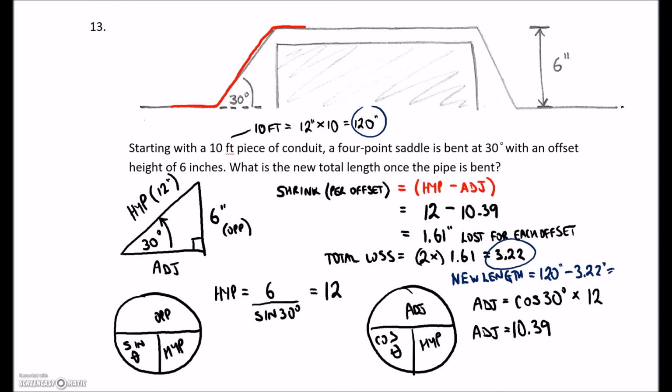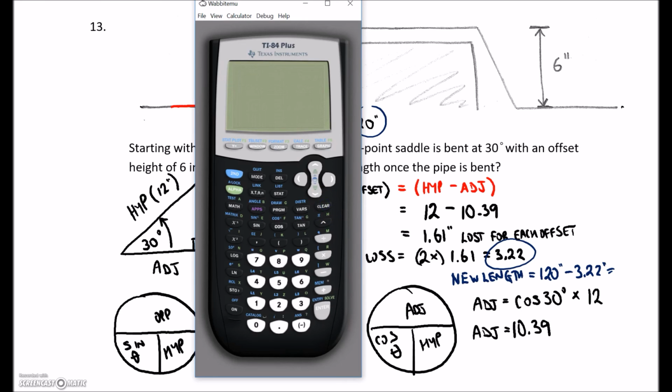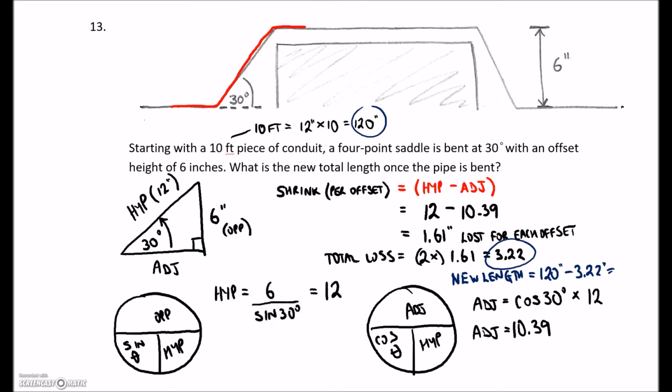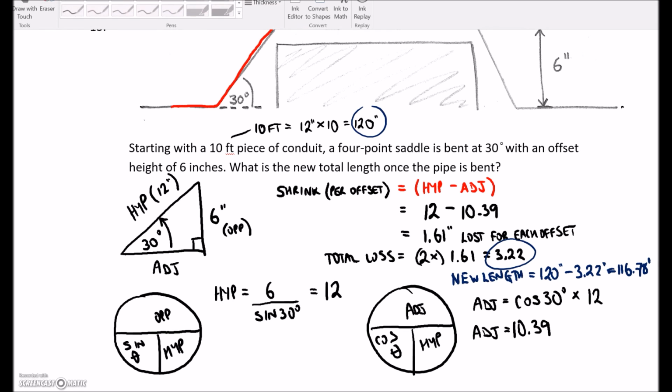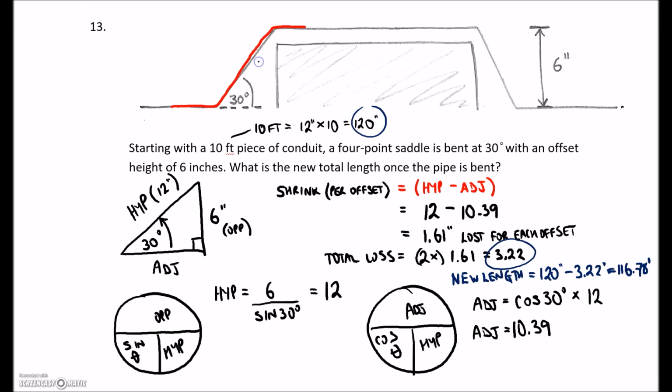And our new length is going to be 120 minus 3.22 to be precise. That gives us 116.78. So our new length of pipe is 116.78 inches. And again, if you've got all kinds of calculations on the page, then do me a favor and make my life easier and just circle the answer there.